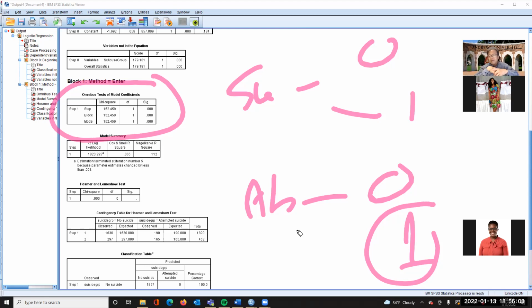In the chi-square logic, no relationship suggests that there are no differences between groups, or there is no relationship between dependent and independent variables. That means there is a fit, there is an agreement in that sense.